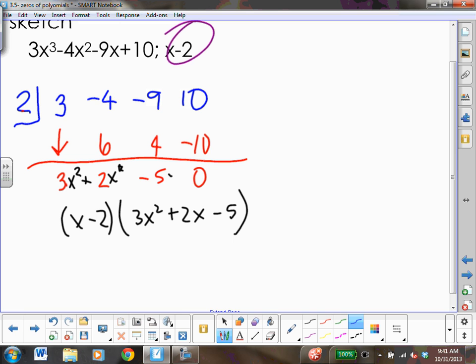And now I can factor the inside part further. Factors of negative 15 that when I add them up I get positive 2 would have to be 5 and negative 3. So I can factor that by grouping once I split the middle term up.